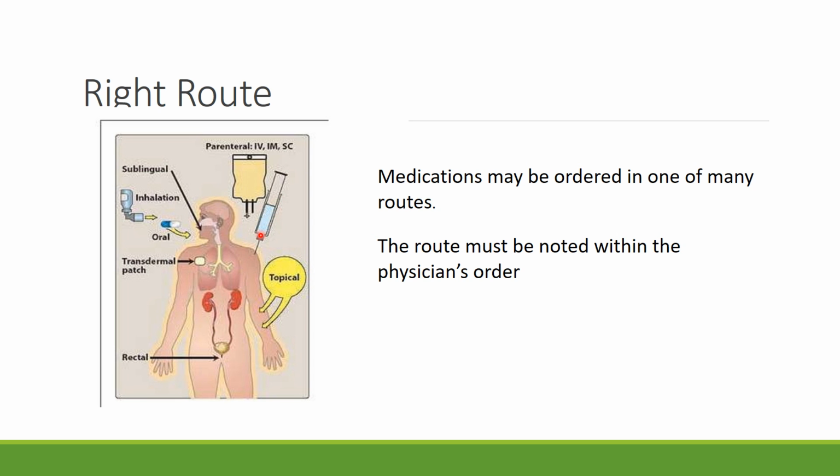Obviously an injection such as an IM or a sub-Q injection is a particular route. IV may be ordered. Sublingual is under the tongue. Then you have the inhalation route, where the patient actually inhales the medication. Oral obviously is when a pill or a tablet or liquid medicine is swallowed into the digestive tract.